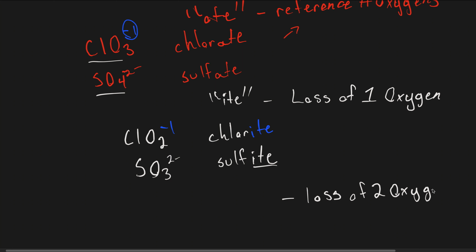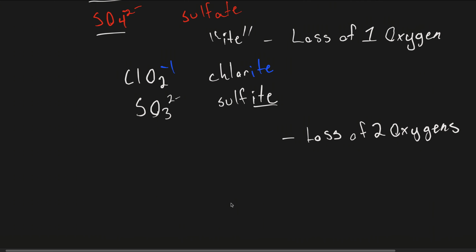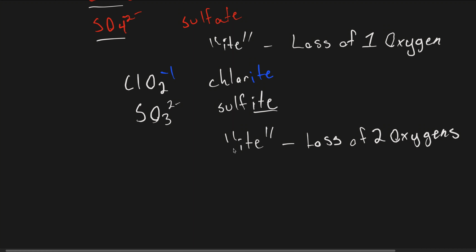The base reference number is 3 or 4, depending on which molecule we're looking at. Since we are losing oxygens, we still have the suffix "ite," but now we add the prefix hypo.